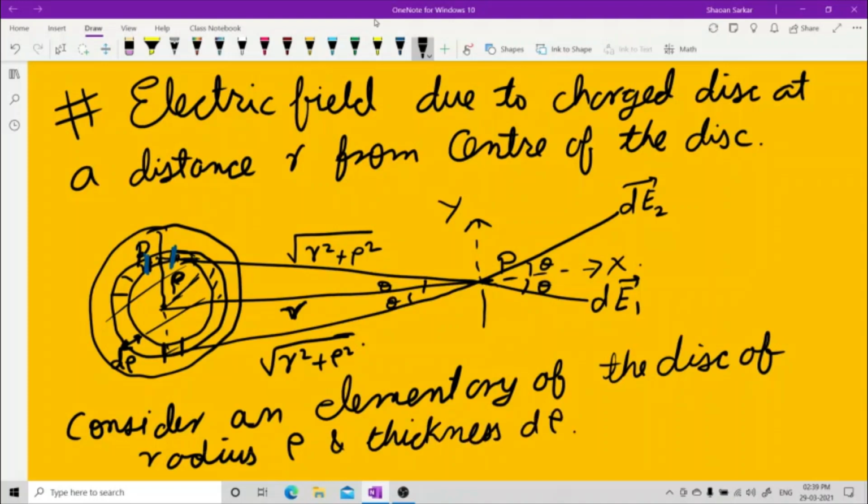When I talk about the disk, I'm talking about the complete disk. When I talk about the elementary portion, I am talking about only this much portion. The disk is of radius r.